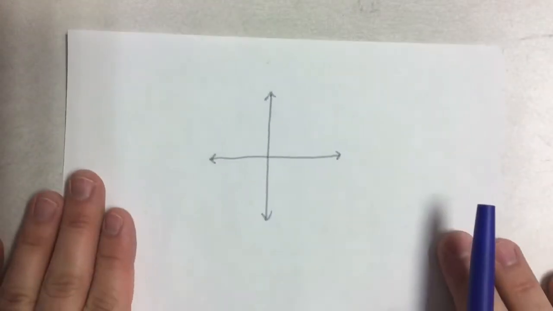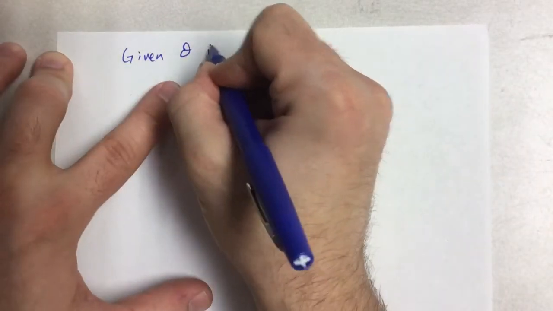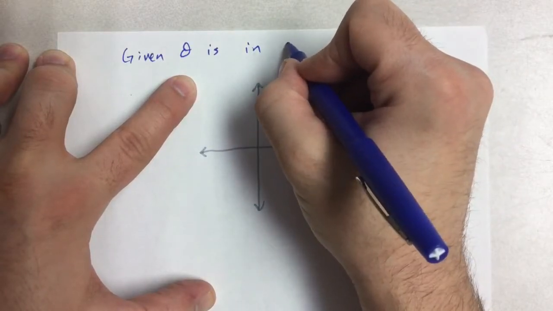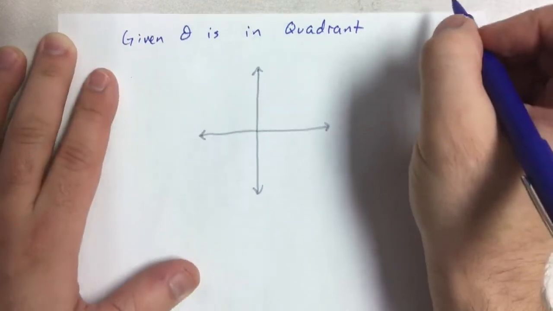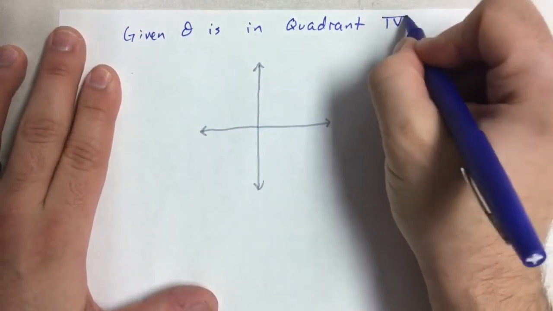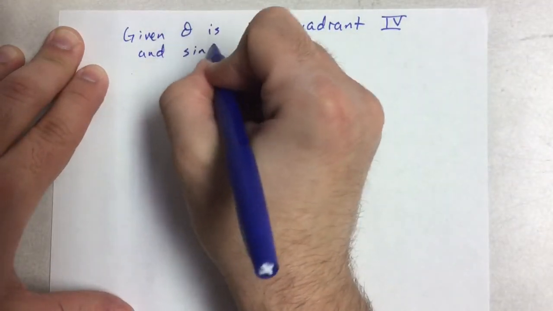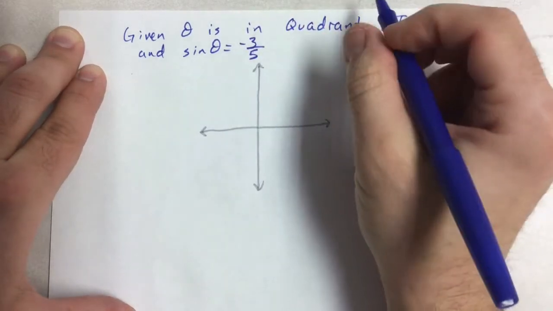So in our next example, let's say we're given theta is in quadrant 4. Okay, so theta is in quadrant 4, and sine of theta is -3 over 5.